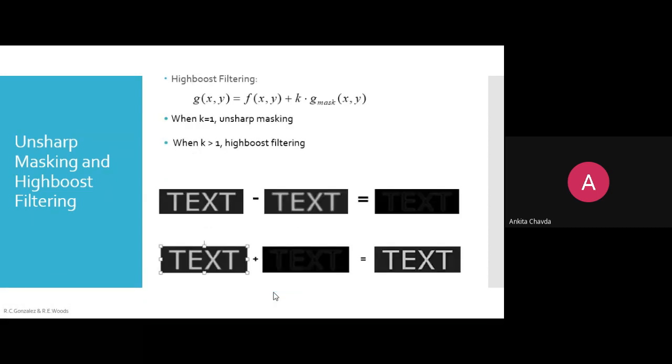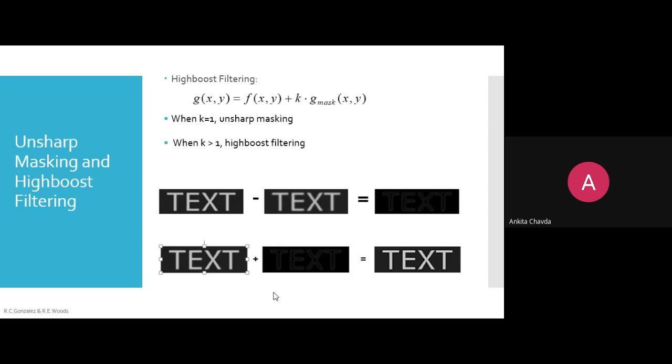High boost filtering: g(x,y) equals f(x,y) plus k times g_mask(x,y). If I keep my value of k equal to 1, I'm simply adding whatever mask I get to my original image. Original image plus my mask gives my sharpened image.